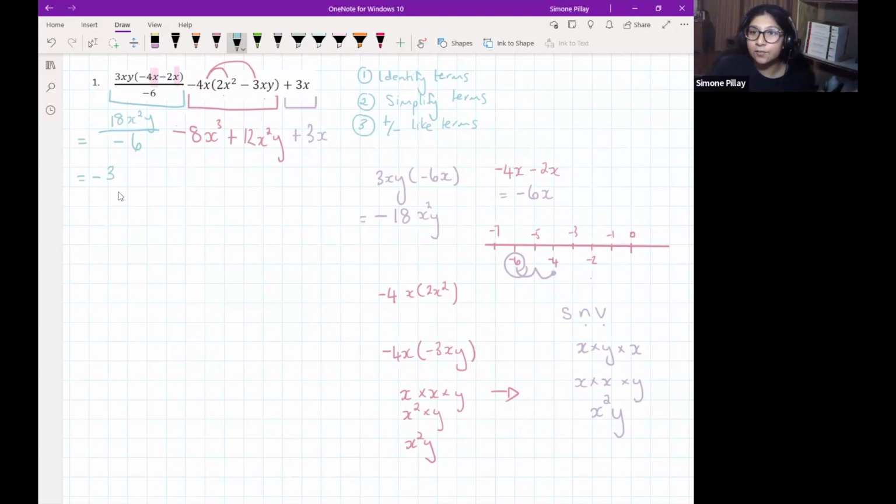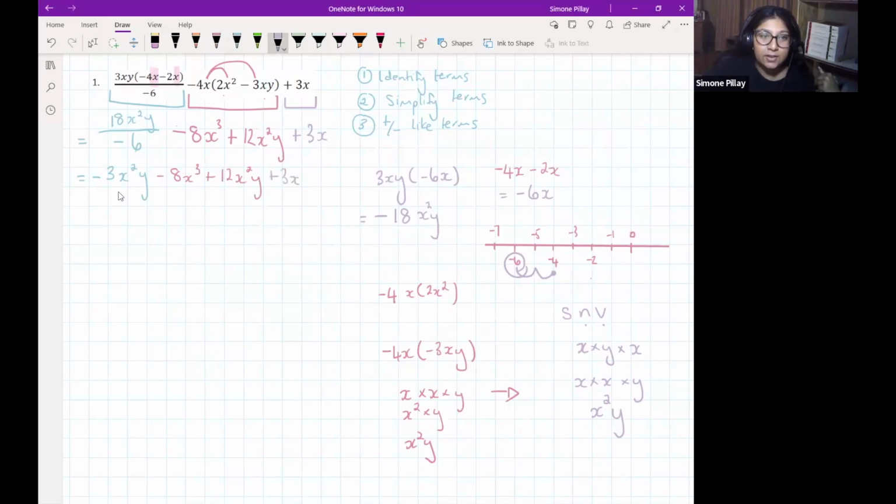And nothing for me to do with my variables, x squared y. Okay, and then I can just bring my negative 8x cubed down, 12x squared y, and then positive 3x.